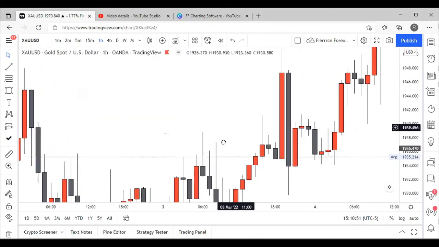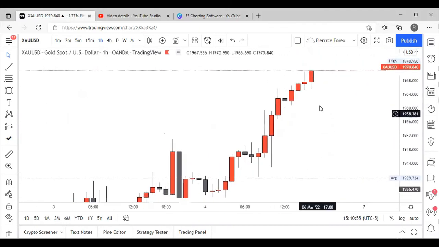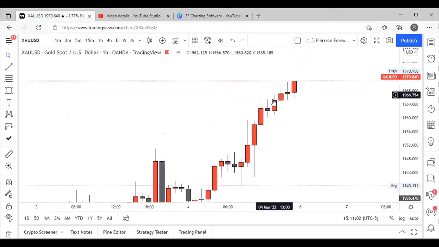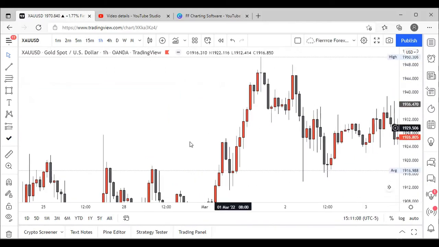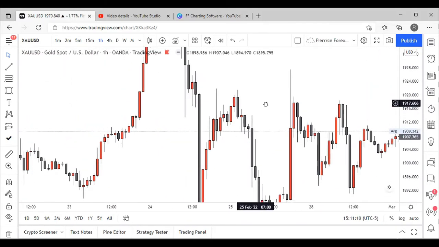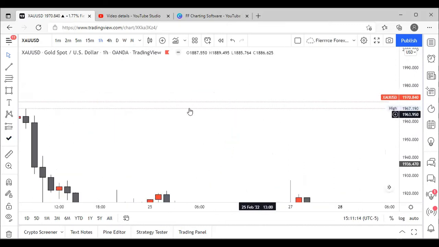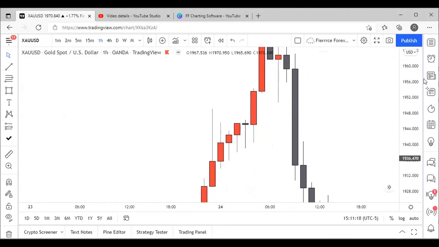Just hold on, guys. This one is a bit trickier to find. Let's see, have we taken out this candlestick? Not really.